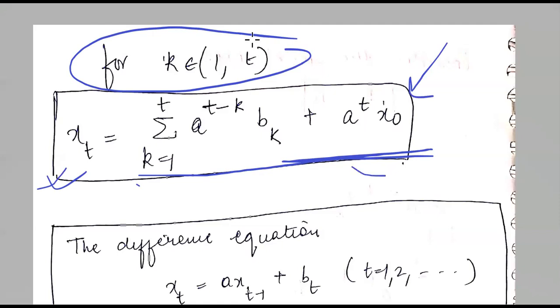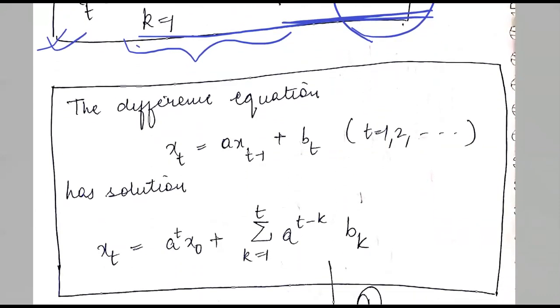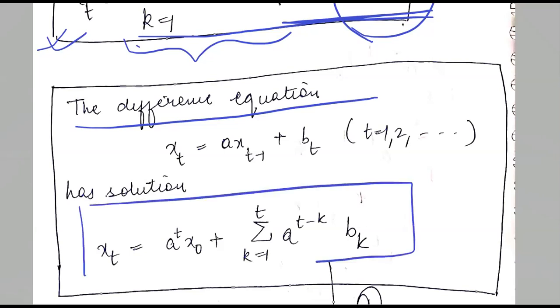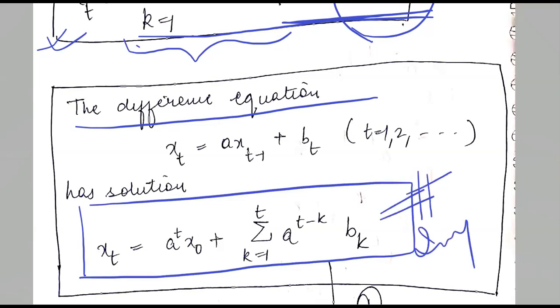So there is this a to the power t at x naught, plus this factor that we just derived by seeing the patterns, right? Now, this is the difference equation solution that you have got. So the difference equation, which is xt is equal to a xt minus 1 plus bt, has this as its solution. This is an important question as far as the exams are concerned.